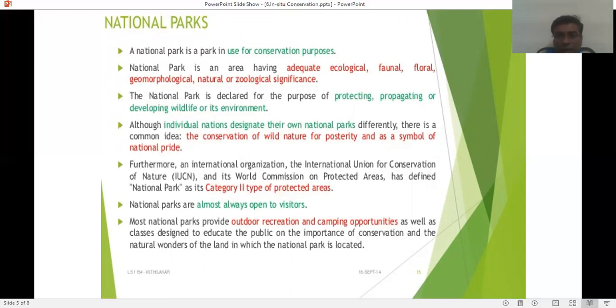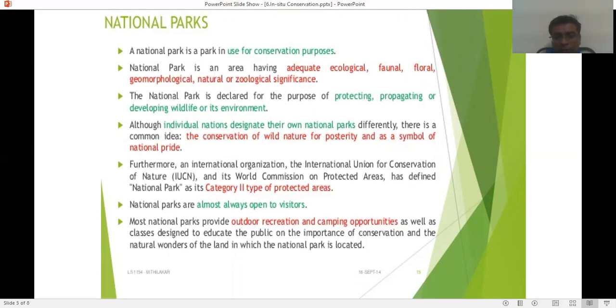The climatic conditions also support the national parks. A national park is declared for the purpose of protecting, propagating, or developing wildlife. In these areas, we are strictly implementing the Forest Protection Act and Wildlife Protection Act.